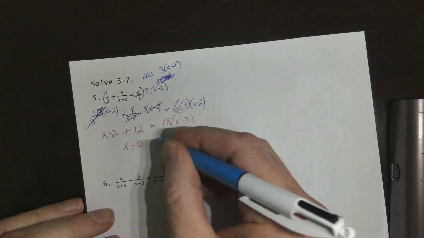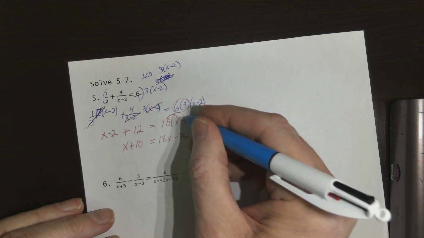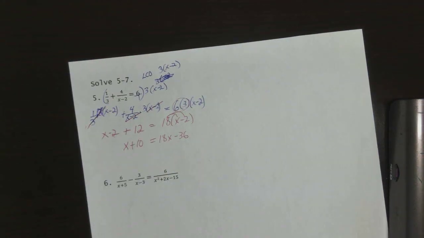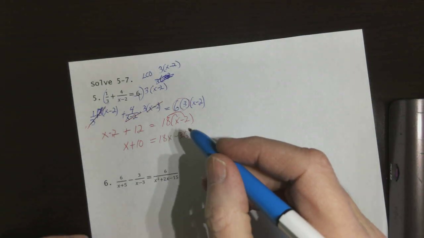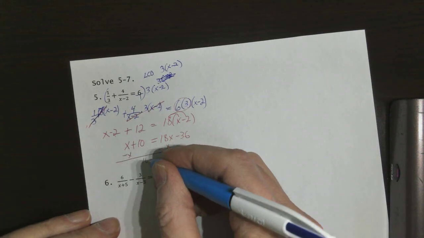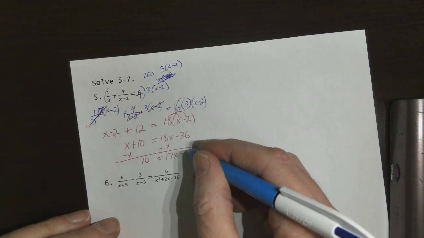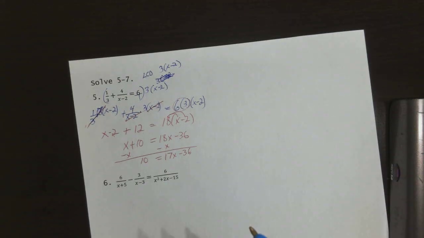So x plus 10 equals 18x minus 36. Then I'm going to subtract x from both sides. I've got 10 equals 17x minus 36.